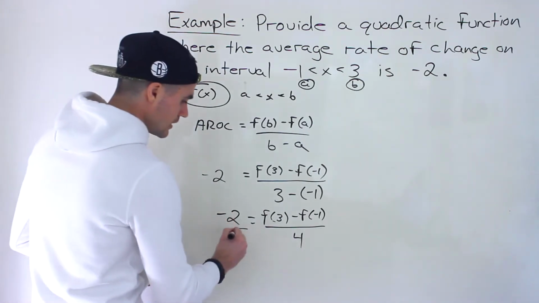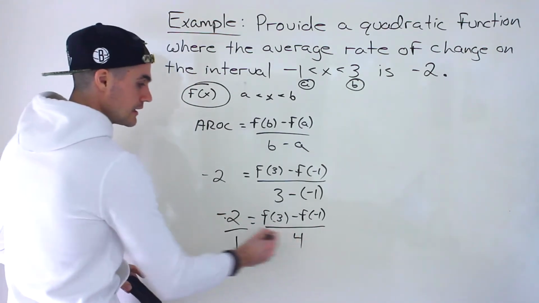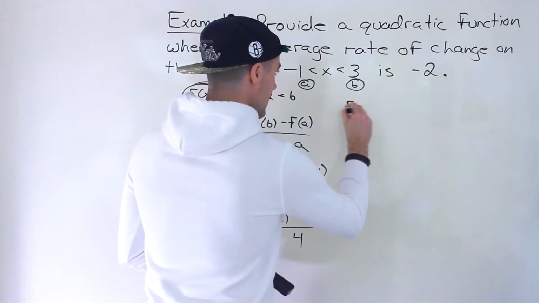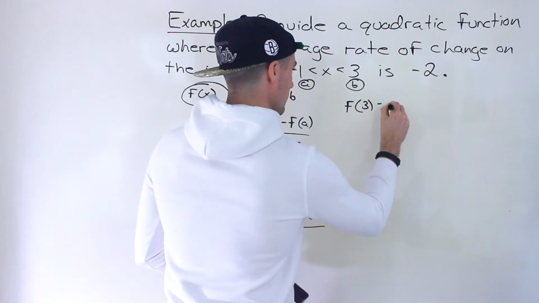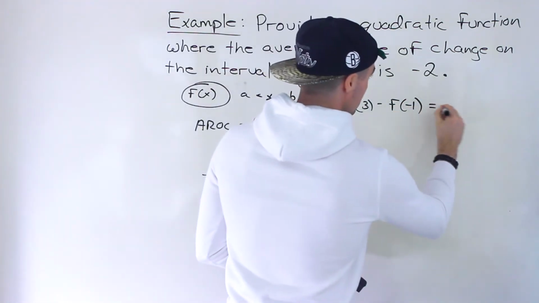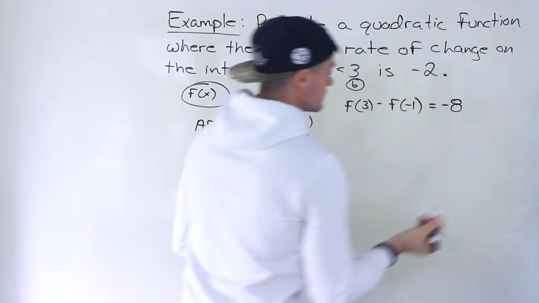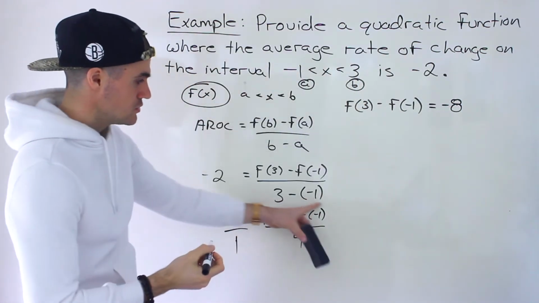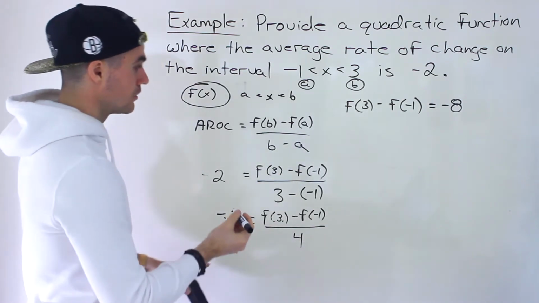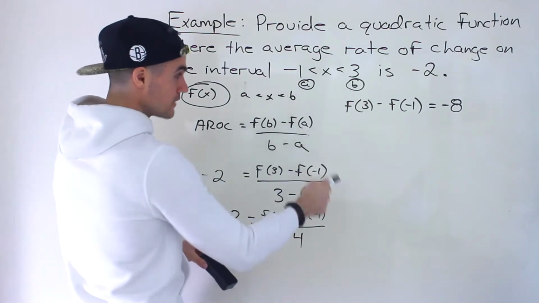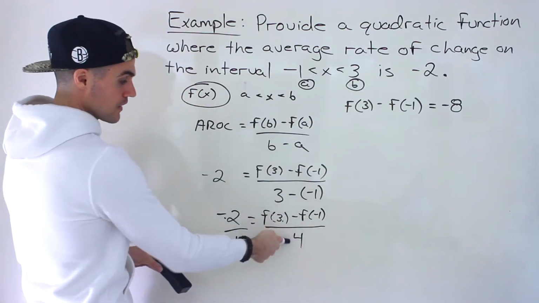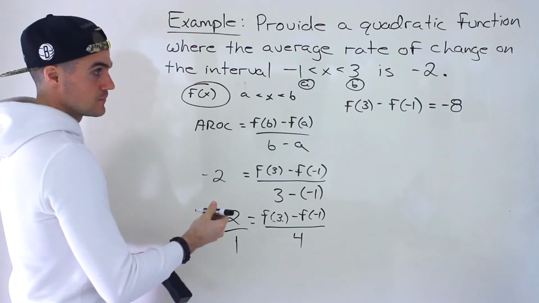You can also get that by putting this over 1 and then cross multiplying. 1 times this would give us just that expression, and then 4 times -2 would give us -8, like that, right? This numerator has to be -8 in order for the average rate of change between these x values to be -2.